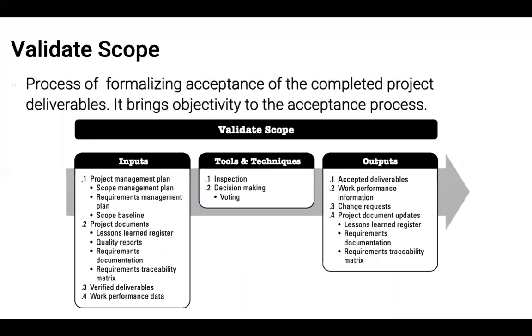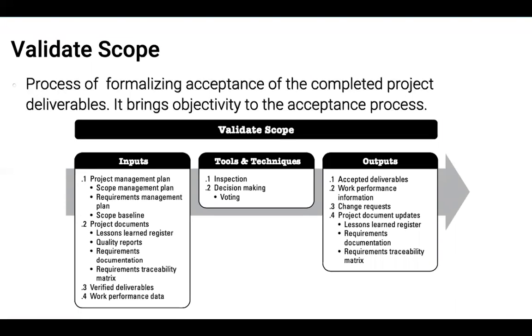So when we validate scope, essentially what we're going to be doing is that as we produce deliverables that are required by the project, we're going to confirm that the deliverables satisfy the requirements as specified within the scope baseline. So what are we going to need for this? The project management plan documents, the project documents, the deliverables, which is the things that we produce, and the work performance data of those deliverables.